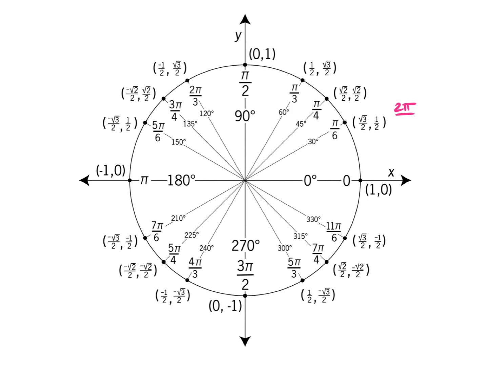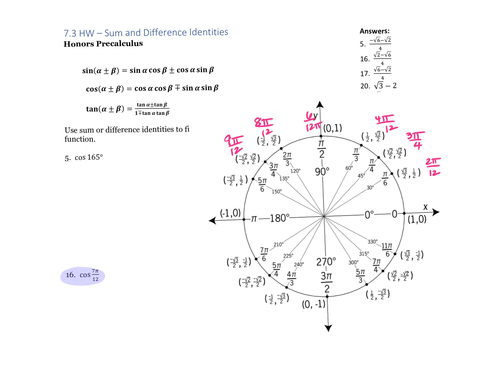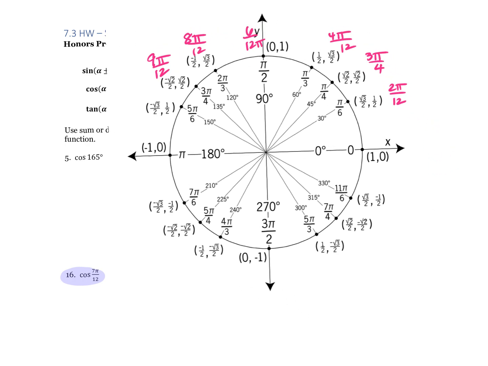We wrote that this was 2/12, and this was 3/12, and this was 4/12, 6/12, 8/12. And I feel like that's about all we need. Is there any way we could use those to get 7/12?